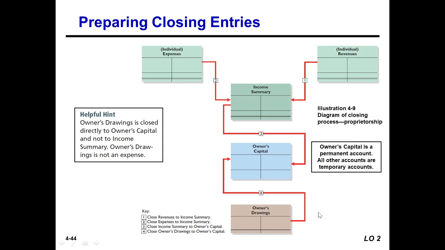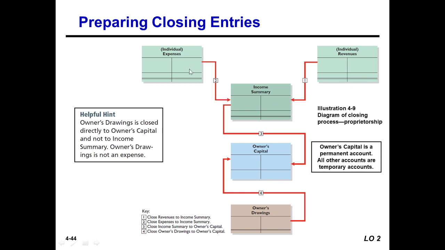I will make the process of preparing closing entries clear. Here we write down the individual expenses and all revenues, and here is the income summary.